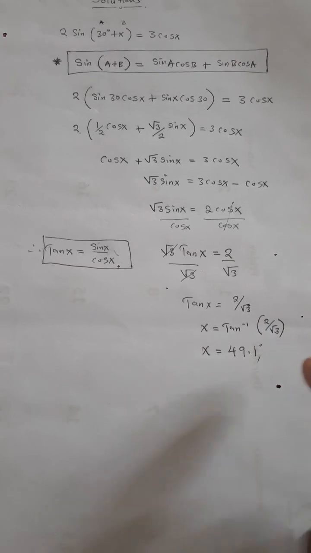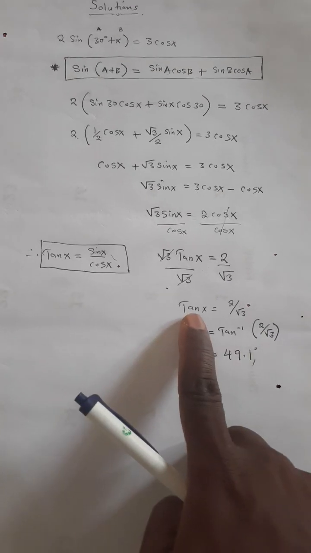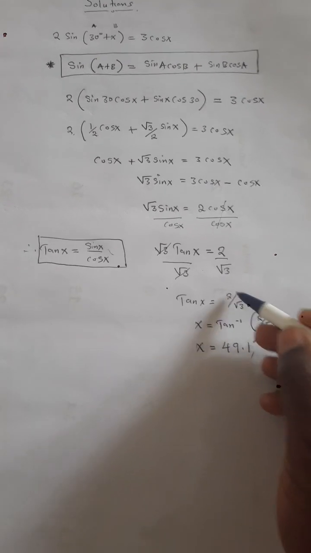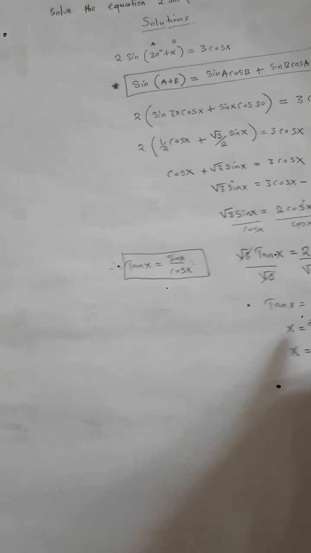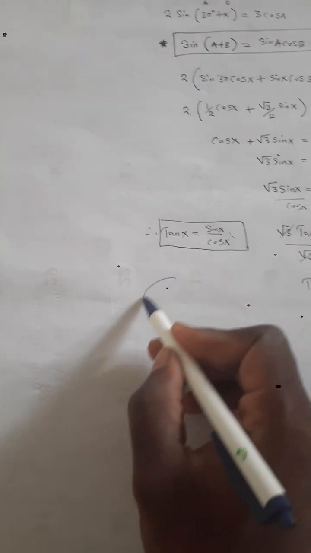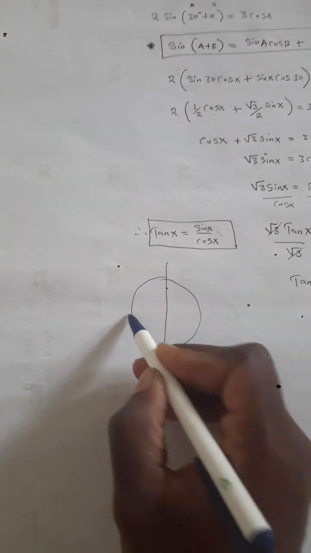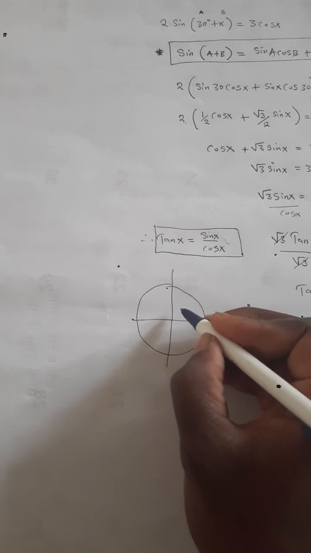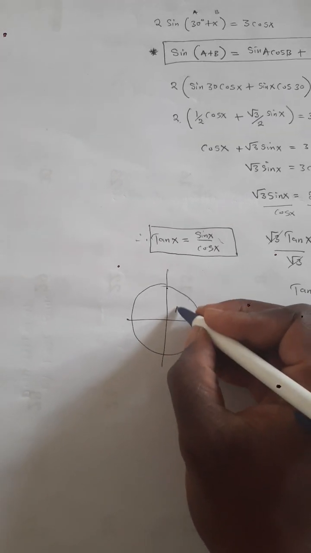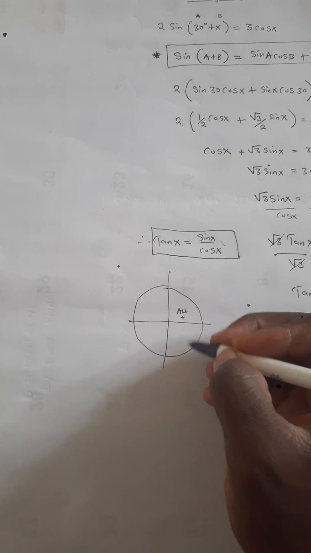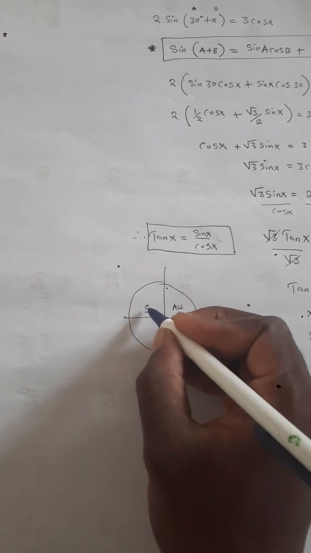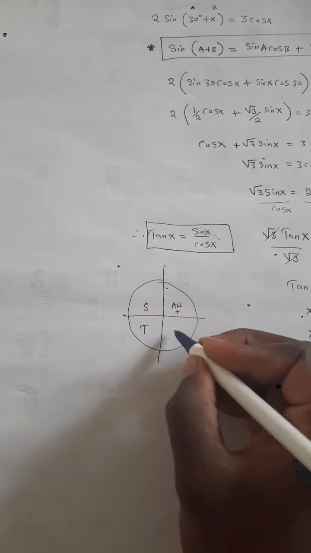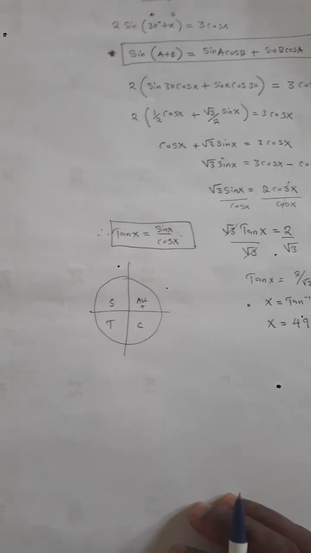Remember, when you reach this stage, you are dealing with tan positive, so this constant here is positive. In our 4 quadrants, in the first quadrant all the ratios are positive. In the second one, only sine; in the third one, only tan; and in the fourth one, only cos.